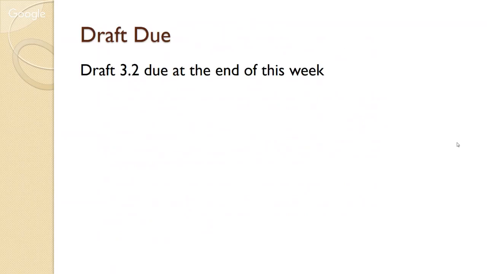So I'm taking that into consideration. And also, I expect you to write conclusions that are appropriate and sophisticated, that you're not just summarizing your papers, but rather you're taking that next step and explaining why it's important to the reader, why they should know whatever it is you just told them.